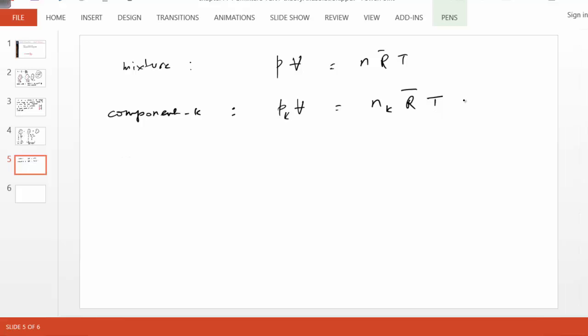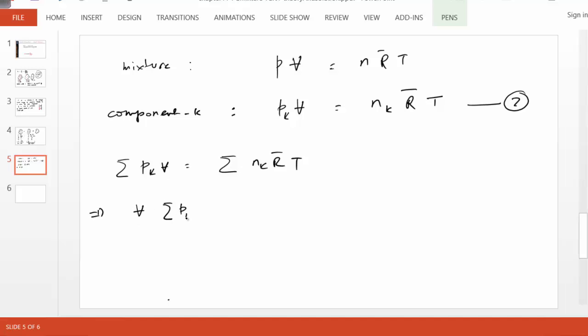So if we sum equation 2, we get summation of p_k V. The volume is not dependent on components, so we can take it out. Similarly, R bar and T are constant as far as components are concerned.